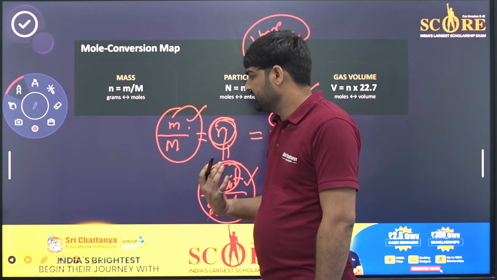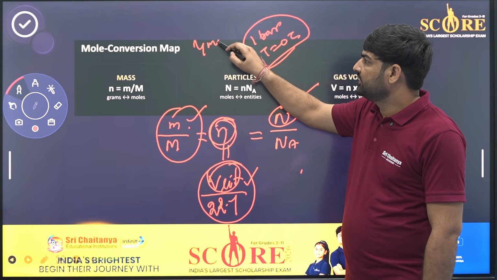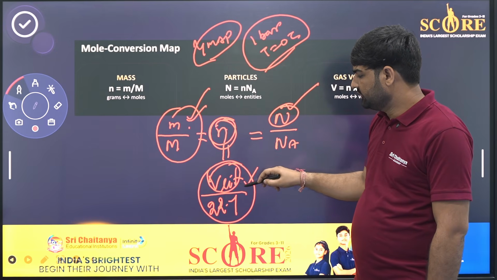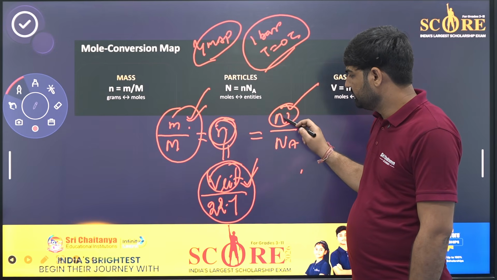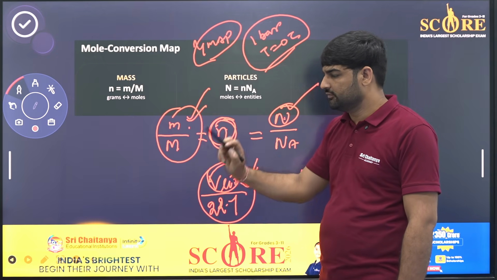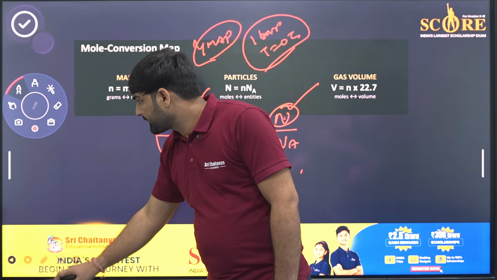So this was about YMAP. YMAP is conversion of mass into volume, mass into number of particles, volume converts into mass. For that, these are three formulas.